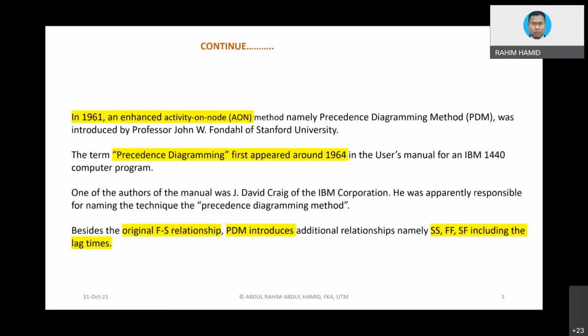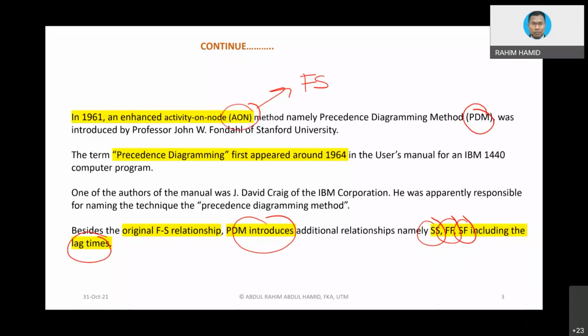Subsequently, this AON diagram was enhanced, and now what we are using most of the time is basically the PDM diagram, because the PDM diagram introduces many extra relationships, including lag time, whereas the original AON used finish-to-start relationship only, very similar to the AOA diagram.